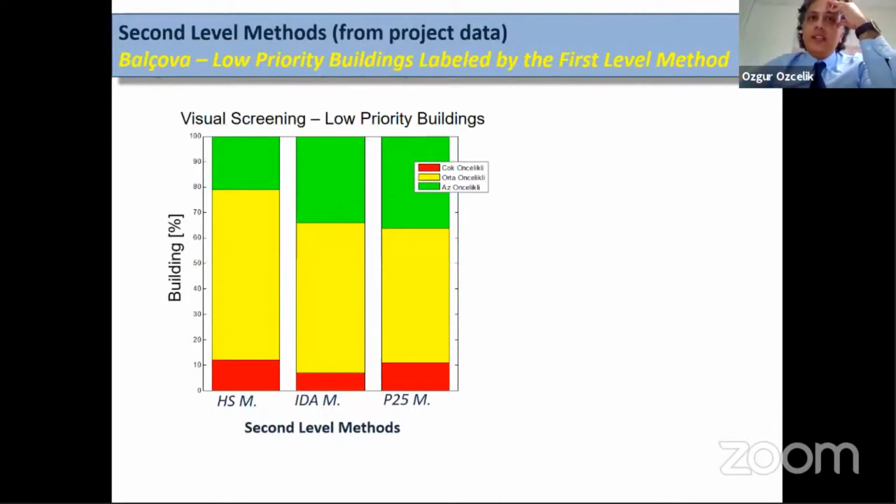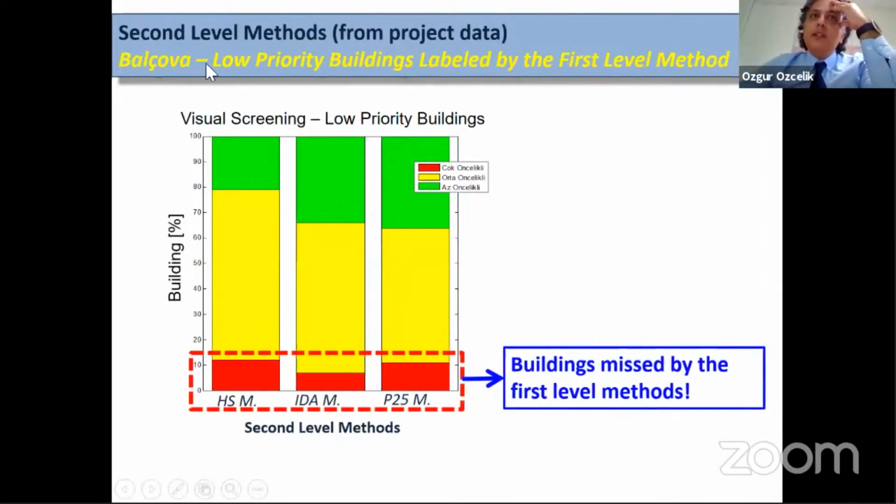So this is another result which is kind of interesting. This is for Balçova buildings. We applied the first level method to all of those Balçova buildings, and those which are labeled low priority, to those buildings we applied the second level method.